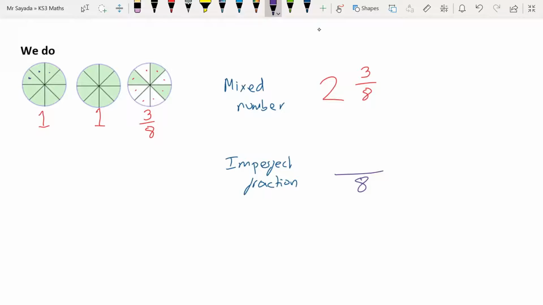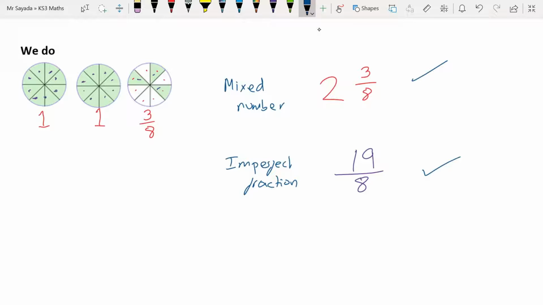So there's 1, 2, 3, 4, 5, 6, 7, 8, 9, 10, 11, 12, 13, 14, 15, 16, 17, 18, 19. There's 19 altogether. Both of those answers are correct. 2 and 3/8 and 19 over 8 are both the shaded part of this diagram.